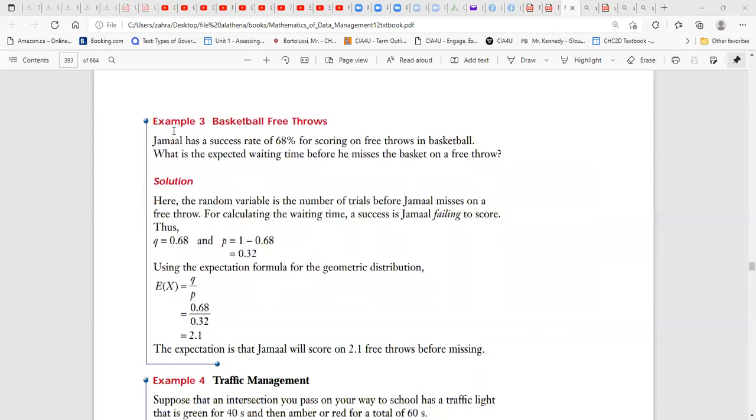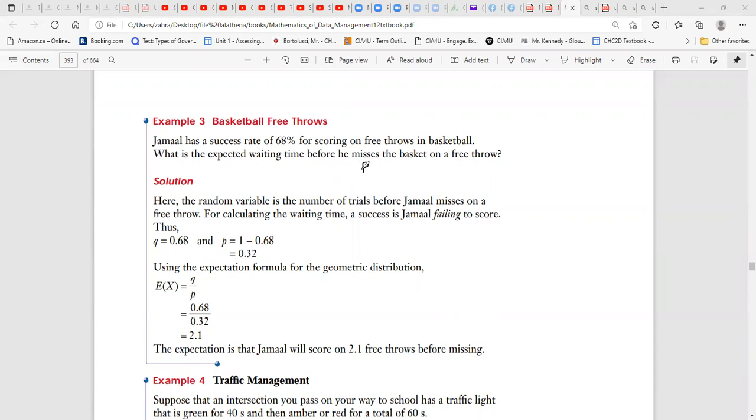Now, this question: Jamal has a success rate of 68% for scoring on free throws in basketball. What is the expected waiting time before he misses the basket on a free throw? So I want to find the expected value. Expected value is Q over P. Be careful: expected waiting time before a miss means the miss is going to be your P, right?